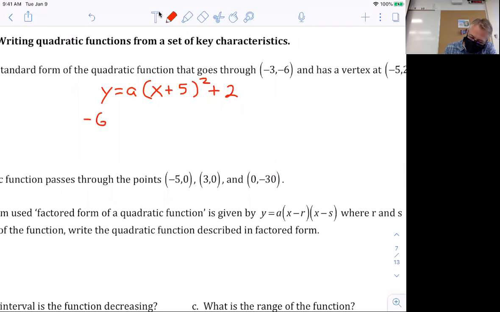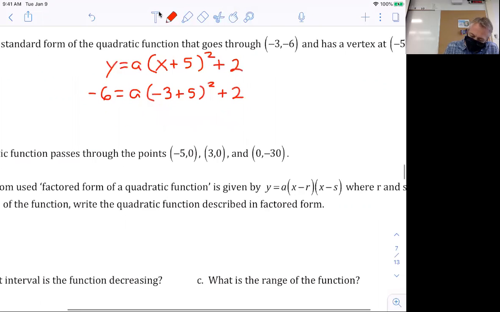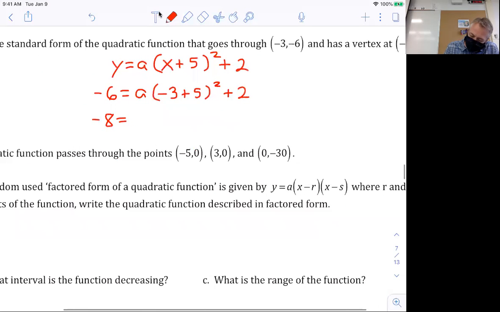I have negative 6 for y equals a times negative 3 for x plus 5 squared plus 2. And we can solve this for a. So I'll move the 2 over. I have negative 8 equals 4a.